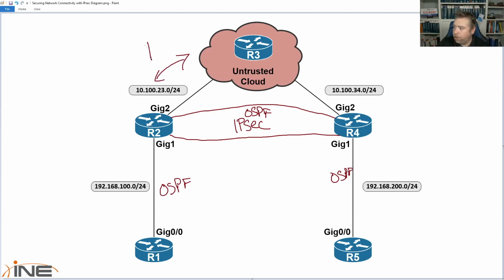We're running BGP between router 3 and the internal network. Okay, this is getting us IP connectivity between router 2 and router 4. And then once the tunnel comes up, we're going to run OSPF on top of the tunnel, which is going to get us reachability to our internal network. So router 1 has reachability to router 5.